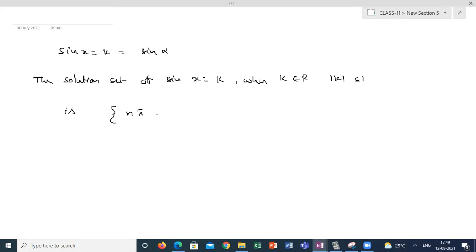n pi plus minus 1 whole power n into alpha, where n belongs to an integer, where alpha is the principal solution.